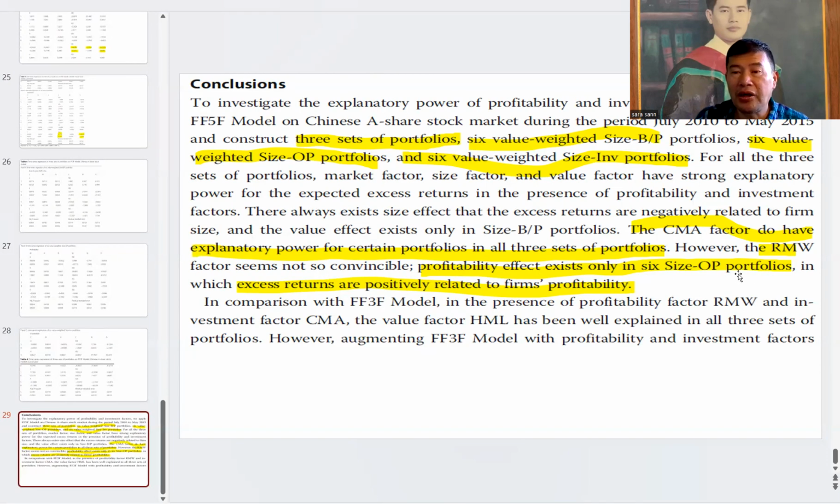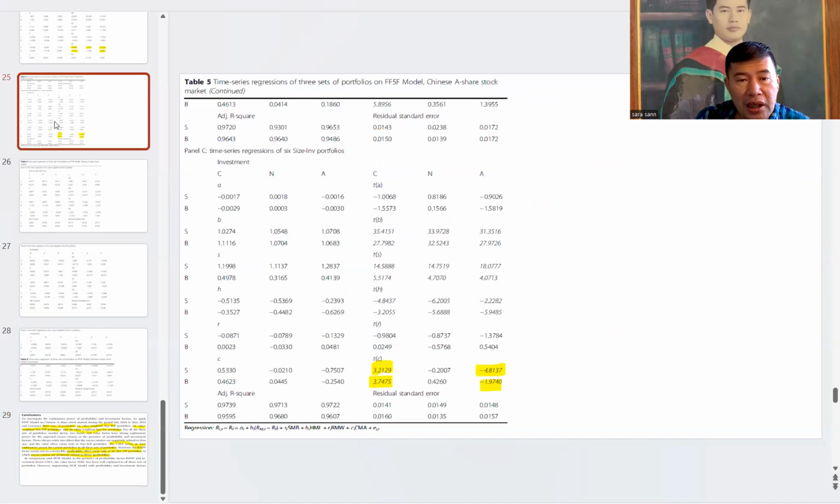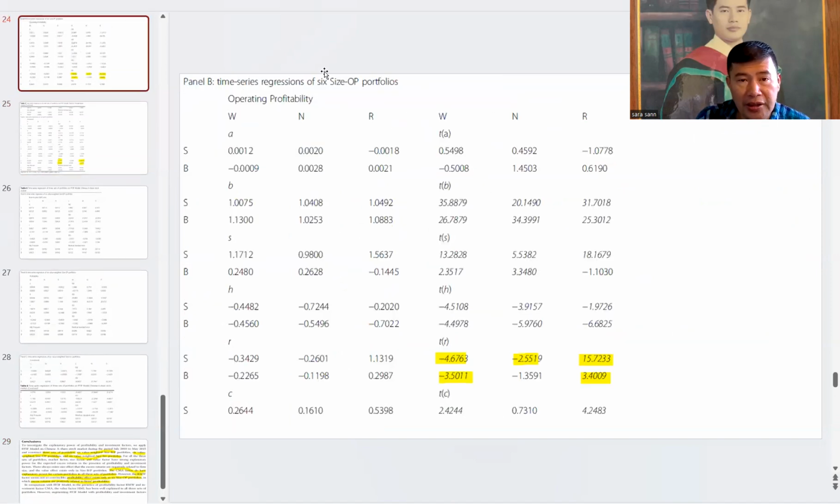So it means the return on equity portfolio. That's why I showed you in the table just a moment ago the operating portfolio over here. The effect is only in the 6-size operating portfolio. As the result over here, there are two over here, which they also mentioned.